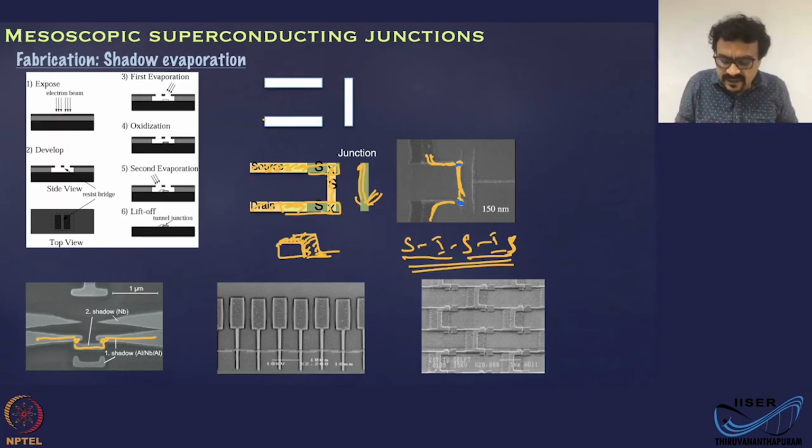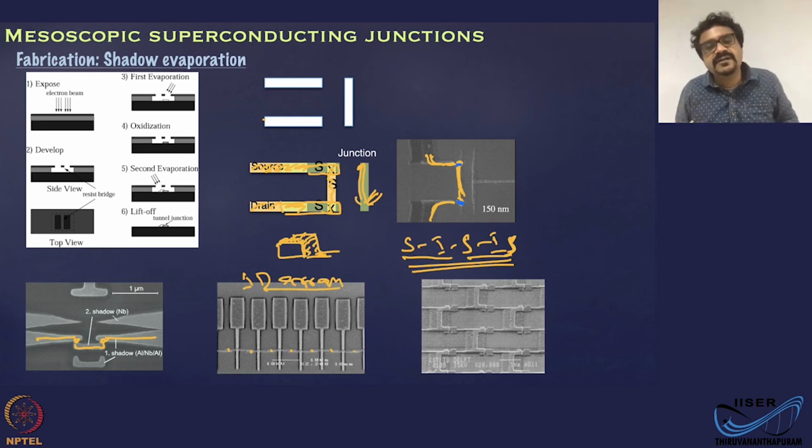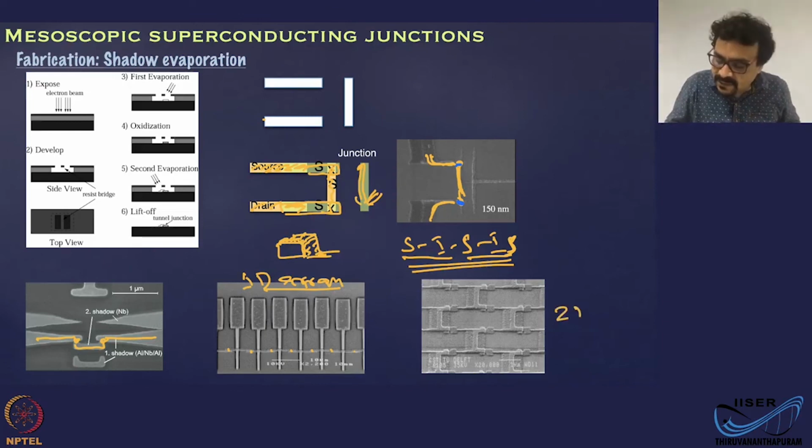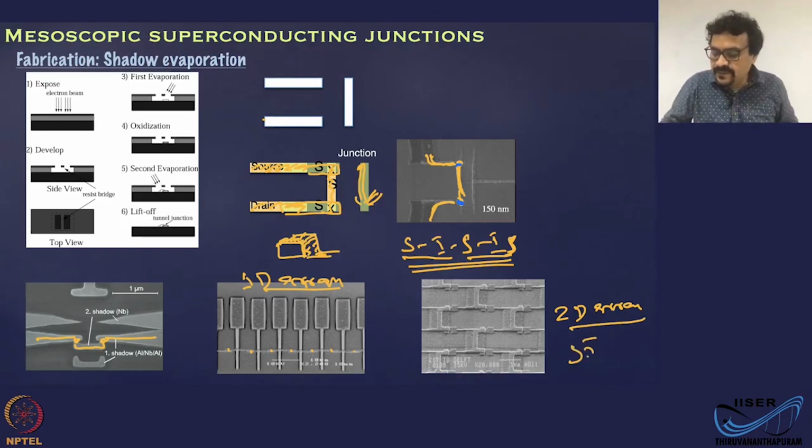Here this is an array of junctions, so you have a junction at every point here. Okay, this is an array of superconductor, insulator, superconductor junctions. This is a one-dimensional array. Say, 1D array of superconductor, insulator, superconductor junctions. This is a 2D array. You can have a two-dimensional array of SIS junctions.